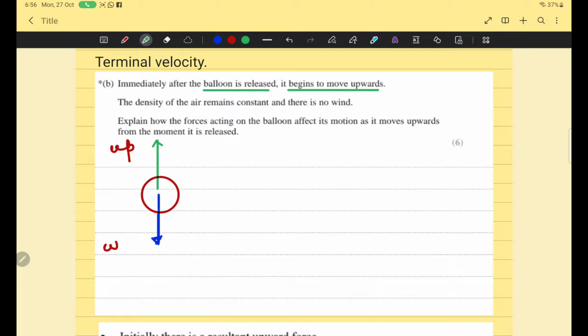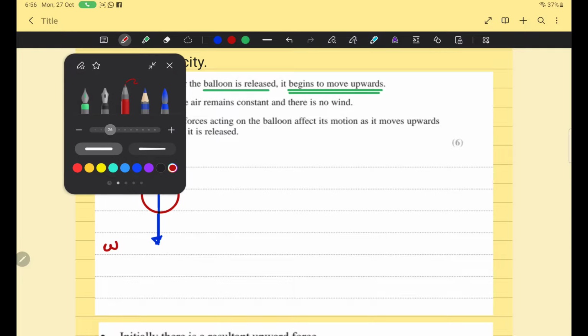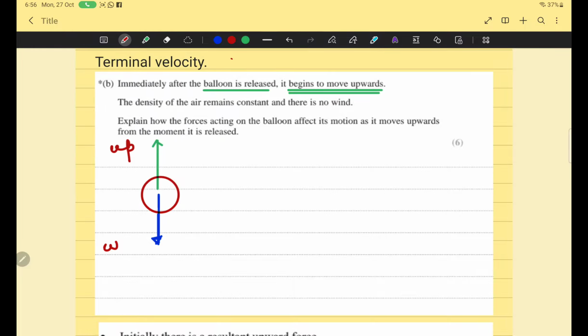And now it is moving upward. And when it is moving upward, then which force is greater? So the answer is upthrust.